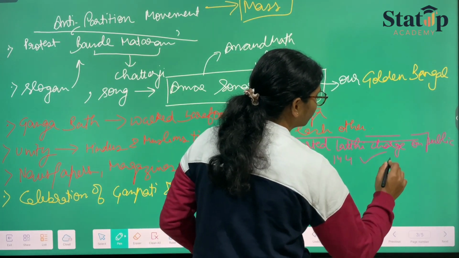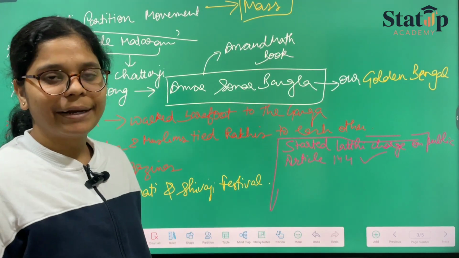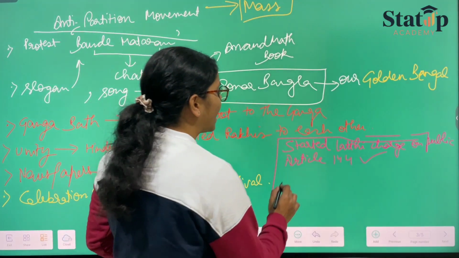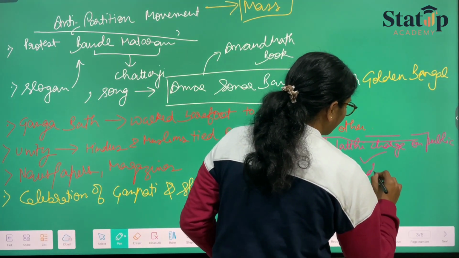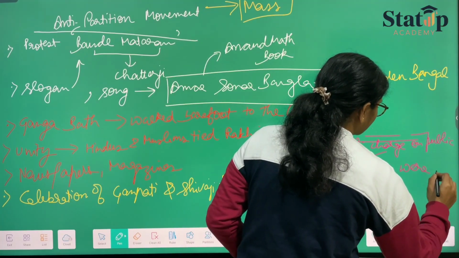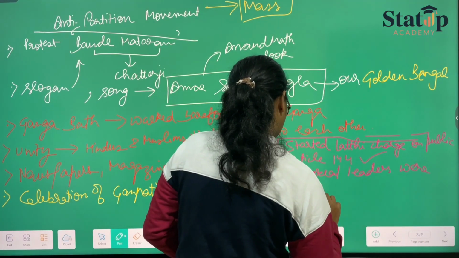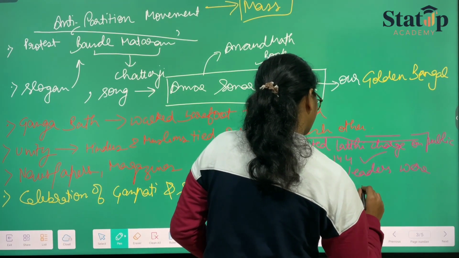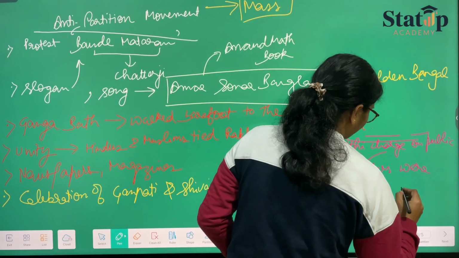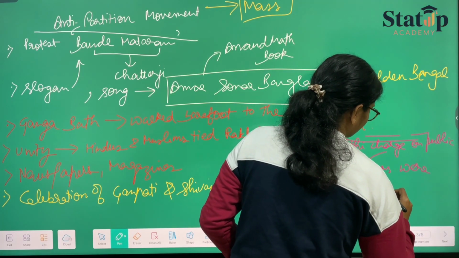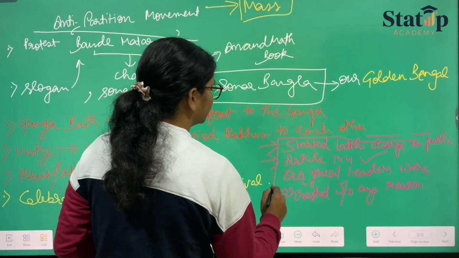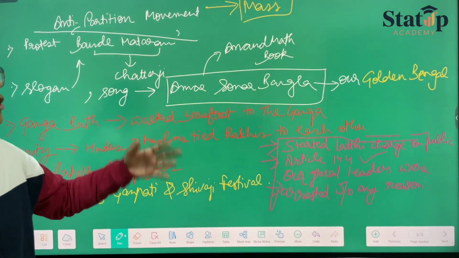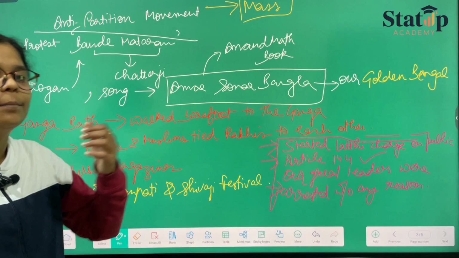Article 144 was also implemented during that point of time, and our great leaders were arrested without any reason.